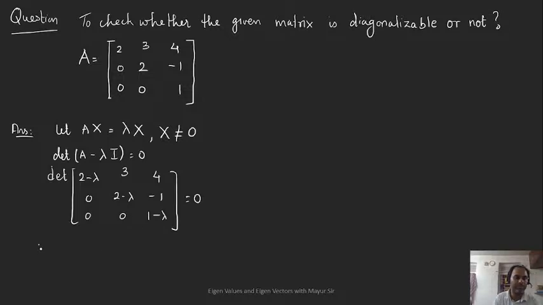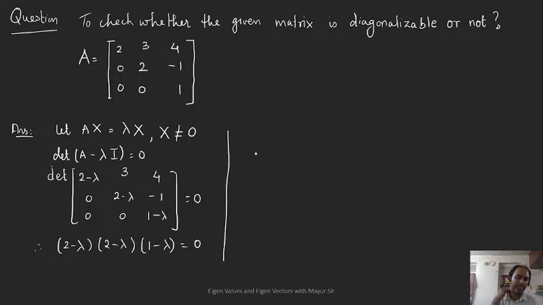Since it is a triangular matrix, the determinant is nothing but the product of the diagonal elements. So your answer is (2 minus lambda)(2 minus lambda)(1 minus lambda) equals 0. This is the answer for the determinant.